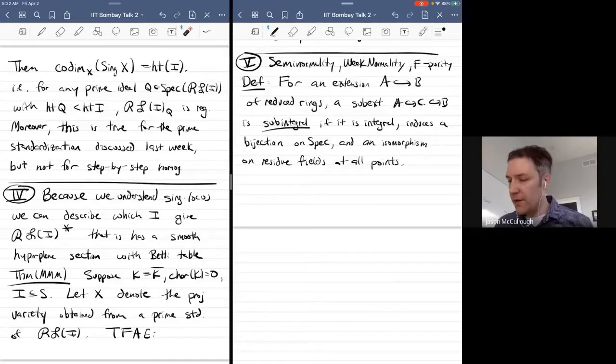And maybe I won't write it down, but weakly subintegral is defined similarly, where you only ask for purely inseparable extensions on residue fields rather than isomorphisms.